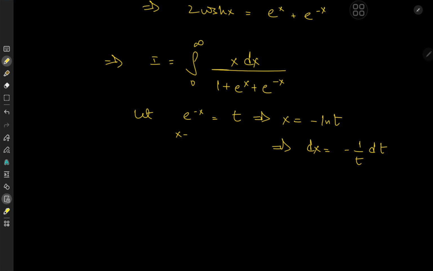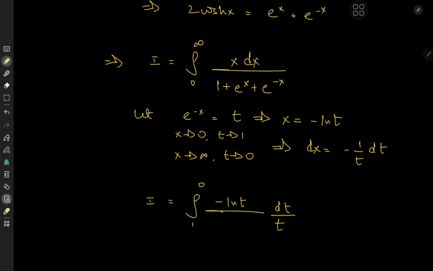So as x tends to 0, we have t tending to 1, and as x tends to infinity, we have t tending to 0. So I is now the integral from 1 to 0, which looks a bit weird, but we'll get to that later, of x, which is our negative log t, and then we have this dt over t with another negative sign, so that's cancellation.